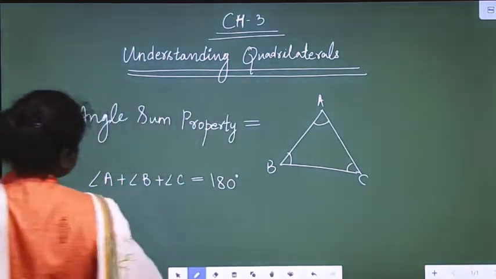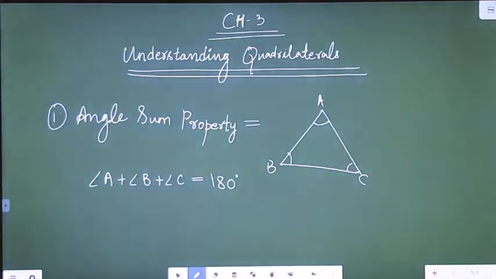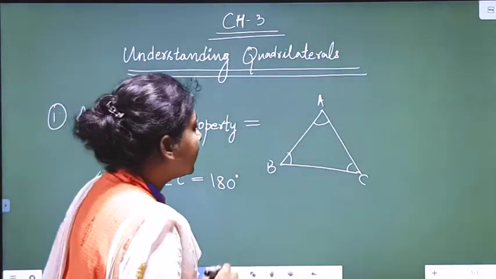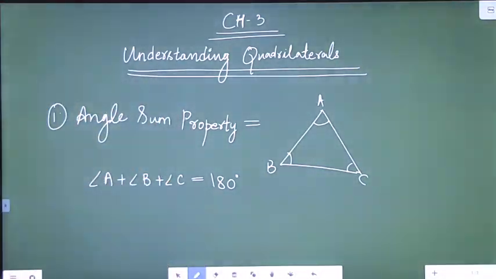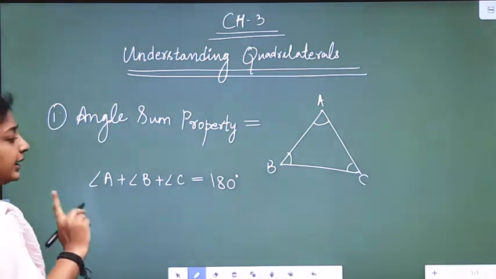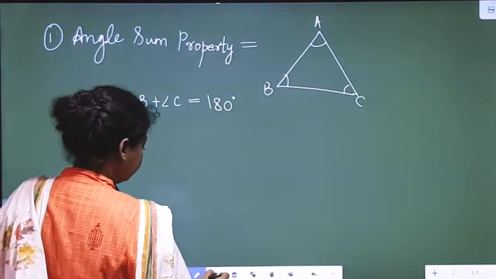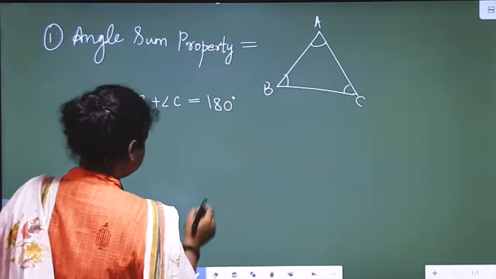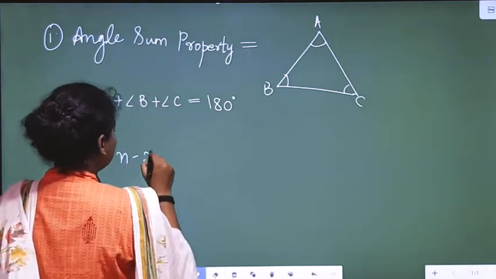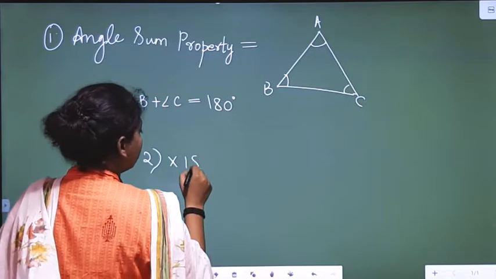To find out what shall be the sum of all the interior angles of any polygon, we have to use this formula: n minus 2 into 180.